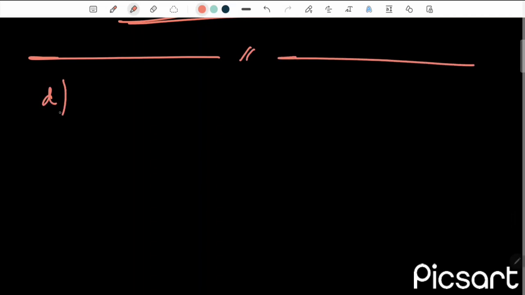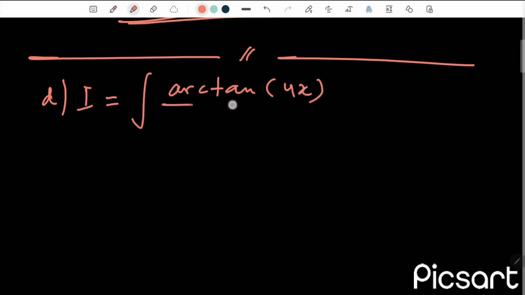We have for D, I equal to the integral of arctan of 4x over 1 plus 16x squared dx.